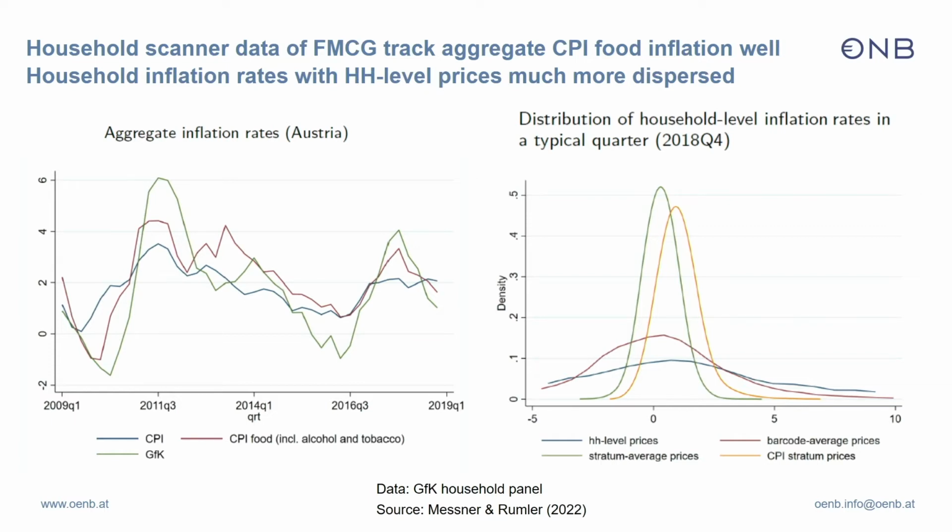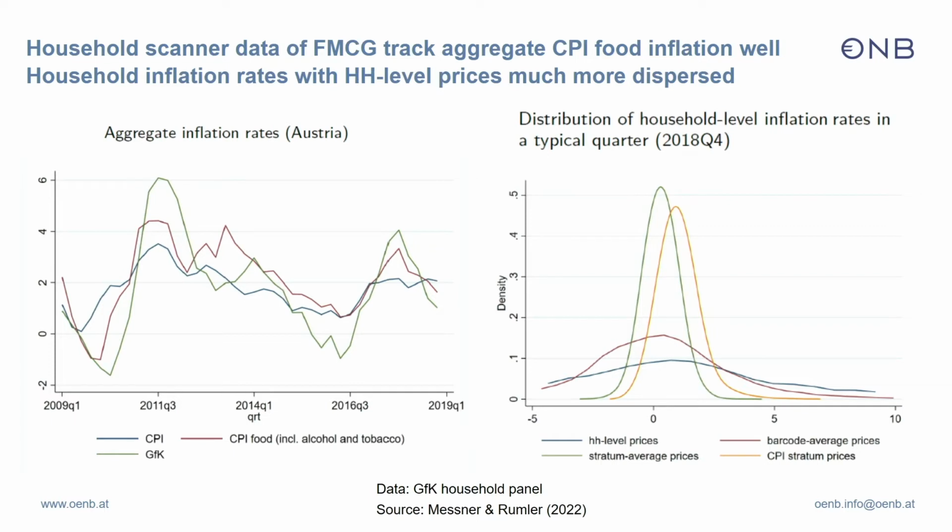Now, the right panel shows you the degree of heterogeneity between household inflation rates that the data is able to deliver. The blue line here is the distribution of household inflation rates in a specific quarter across all households surveyed in that quarter, and that varies from -5 to +10. So a huge distribution, and this is the distribution when you consider really the prices that the households bought.